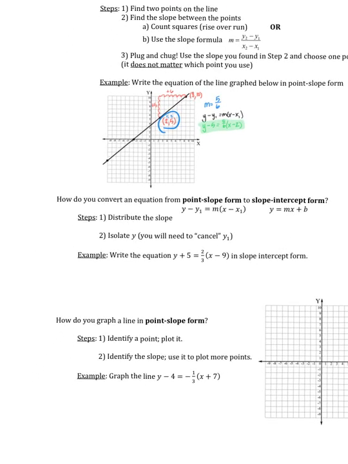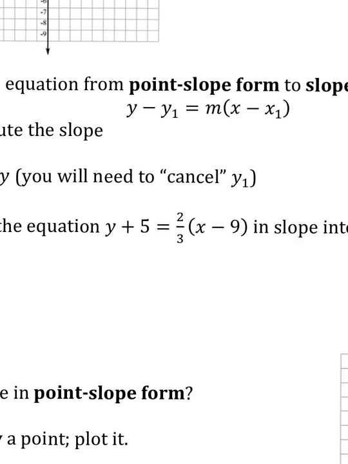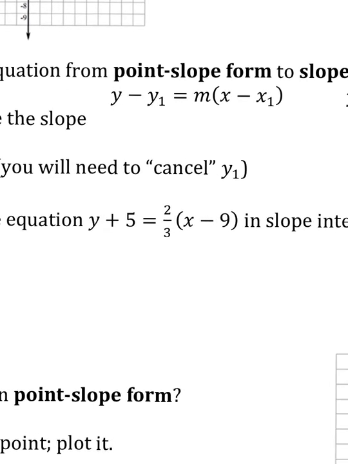So sometimes we have to take a line that's in point slope form and put it into slope intercept form in order to graph it. Here's what we're gonna work with to start. This is in point slope form. This is given to us.